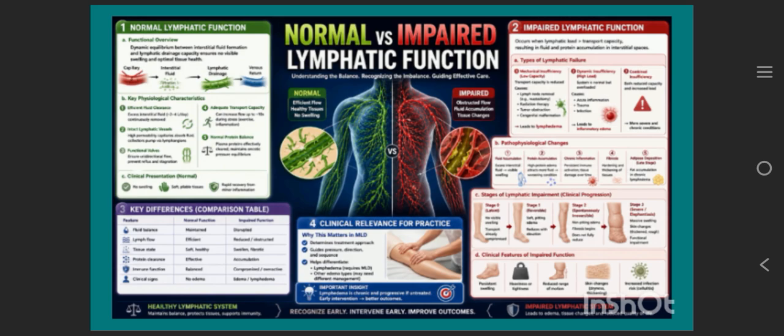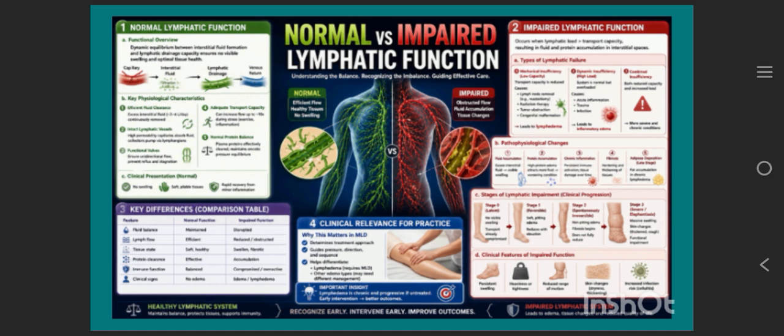So the clinical elements for practice: you should know why this matters in MLD. If anybody asks about it, this matters because, firstly, it determines treatment approach.